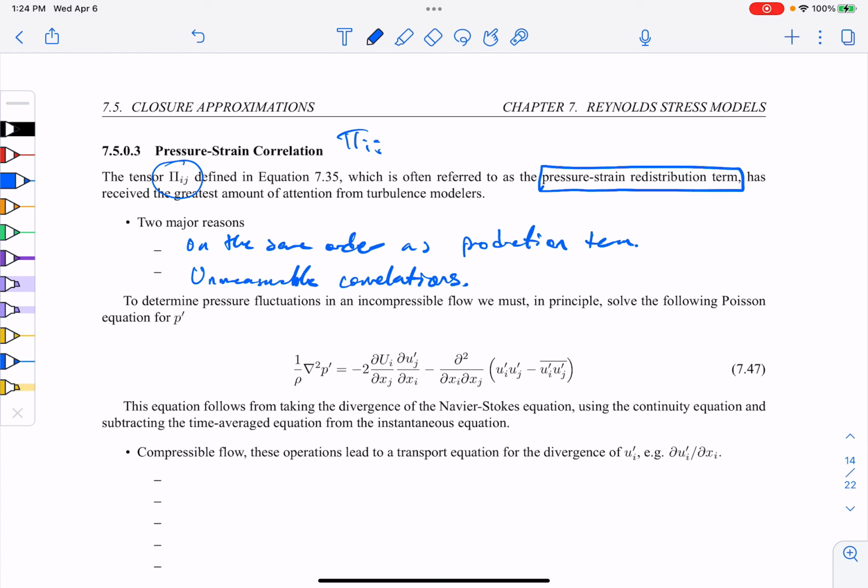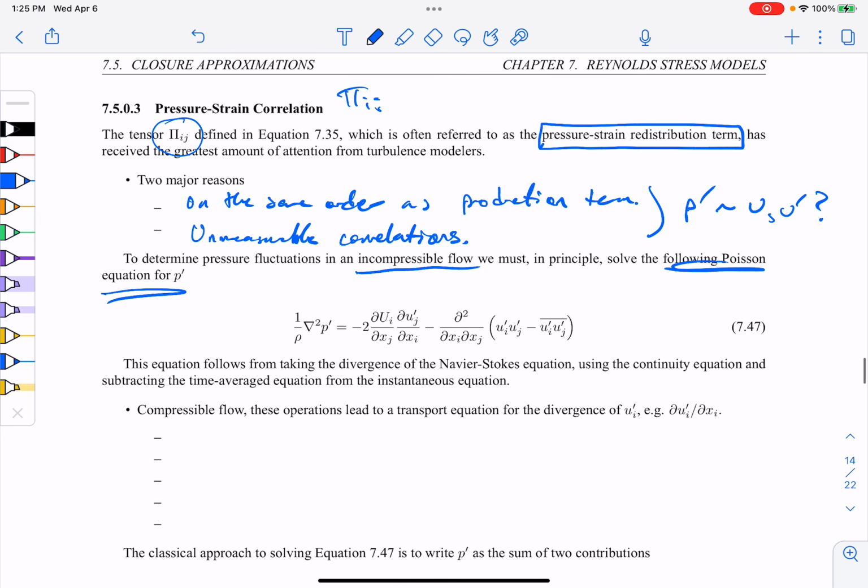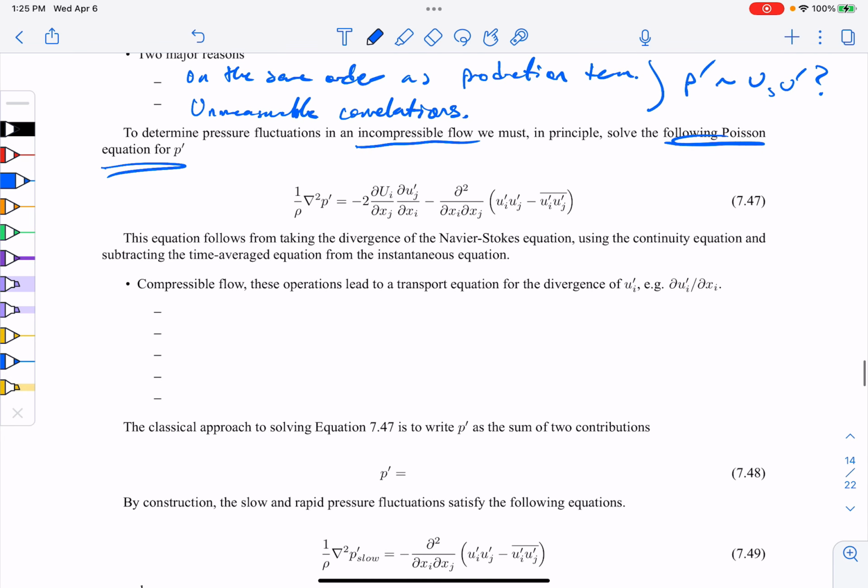So this whole model really relies on trying to seek p prime, or some form of it in the field, and how it's related to U and u prime in the field. And one way to do that in incompressible flows, ideally, is solving the Poisson equation for p prime, and that's in 7.47.